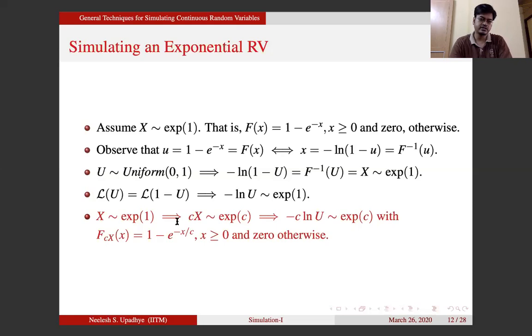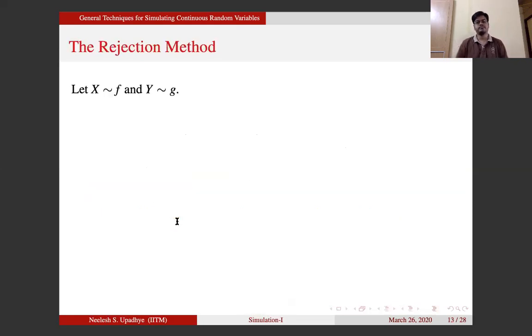Now let us go ahead and see another method. In some cases where this inverse function is not properly computable, or there are some hiccups in computing the inverse function, we can rely on a method called the rejection method. As the name suggests, it's a rejection method. So what it assumes is, we know some random variable, let us say Y, which follows some distribution with density g, and I am able to simulate this by means of some method.